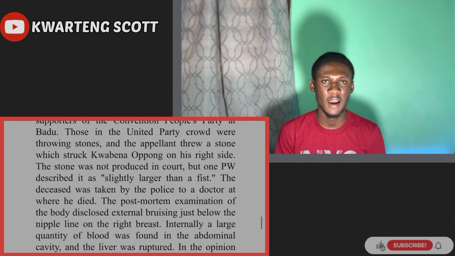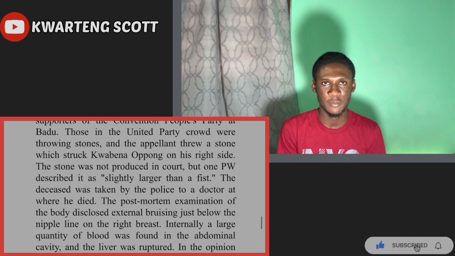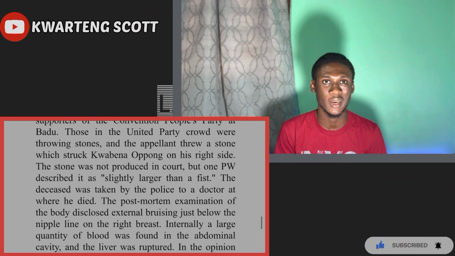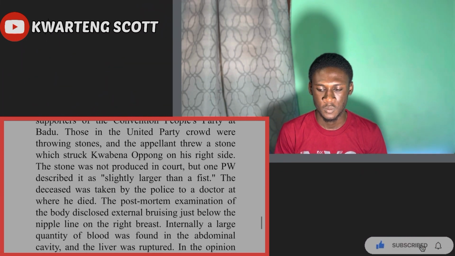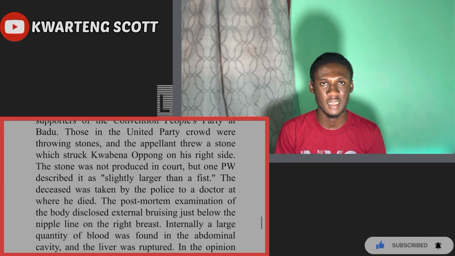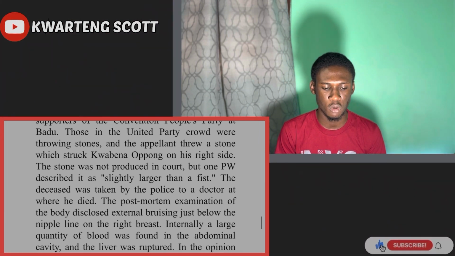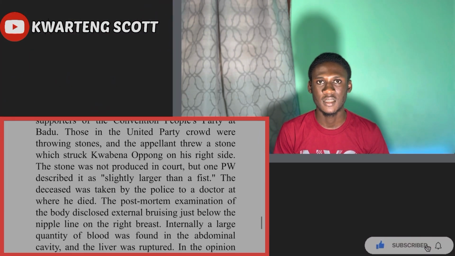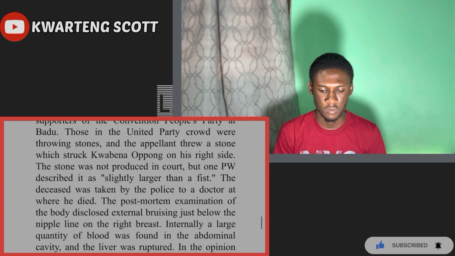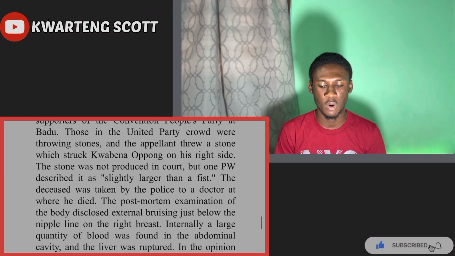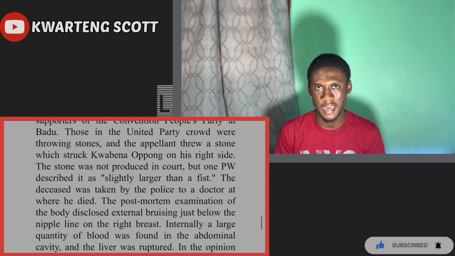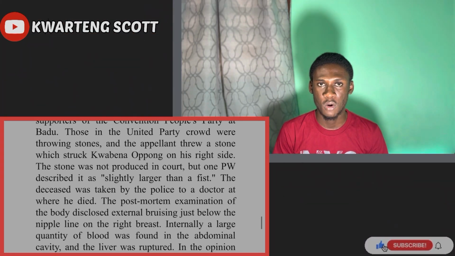After the postmortem, the person, Kwabena Upon, died. They realized that the cause of death was bleeding or rupture from the liver, as a result of the impact of the stone on the right side of the deceased.